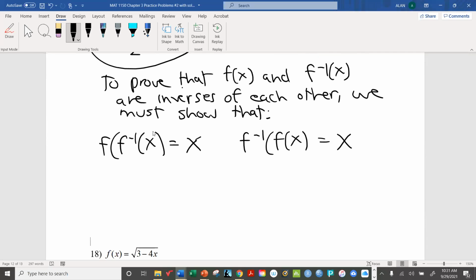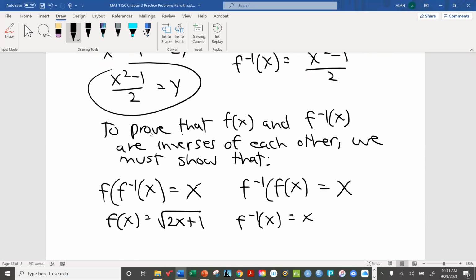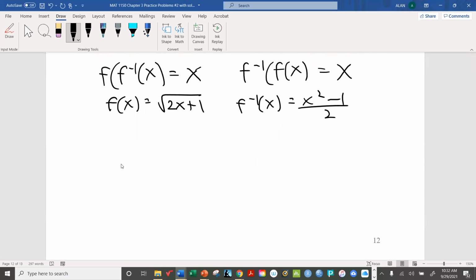All right, so remember the original function here is radical 2x plus 1. And we believe that the inverse is x squared minus 1 over 2. So to prove that they're inverses, we'll start here. So we're going to take f of x and replace all the x's with f inverse of x.